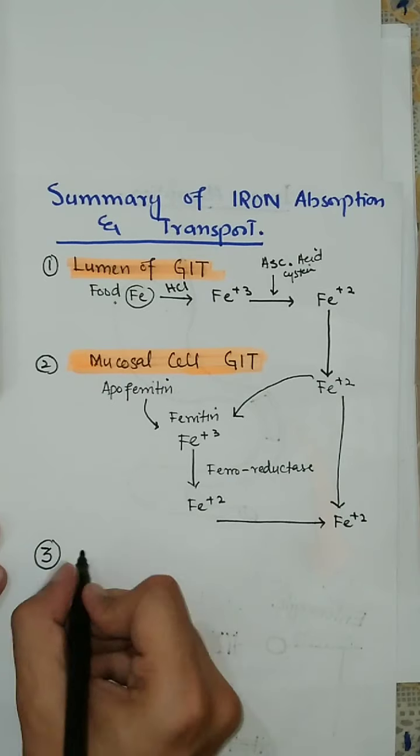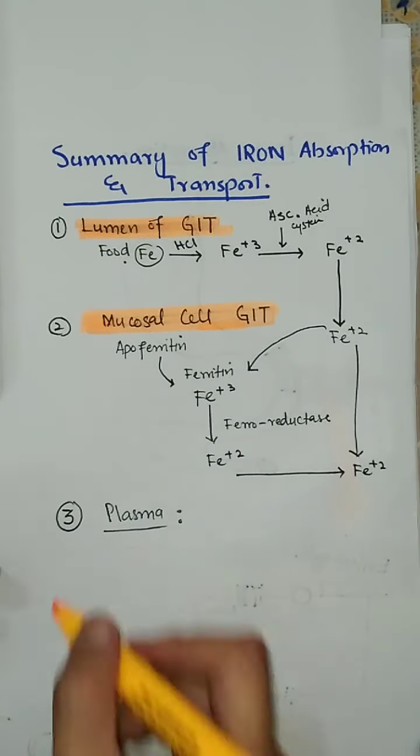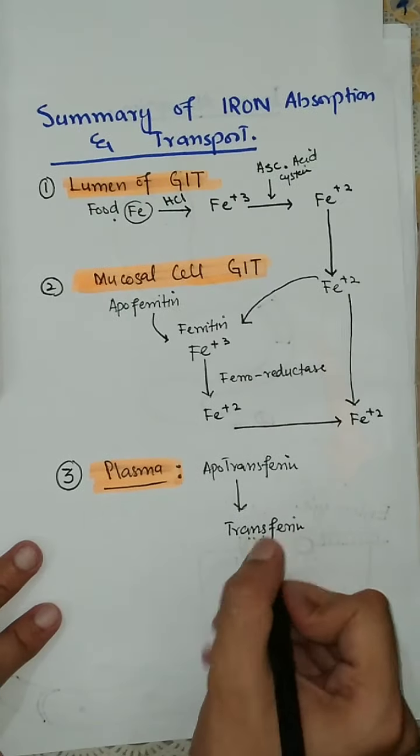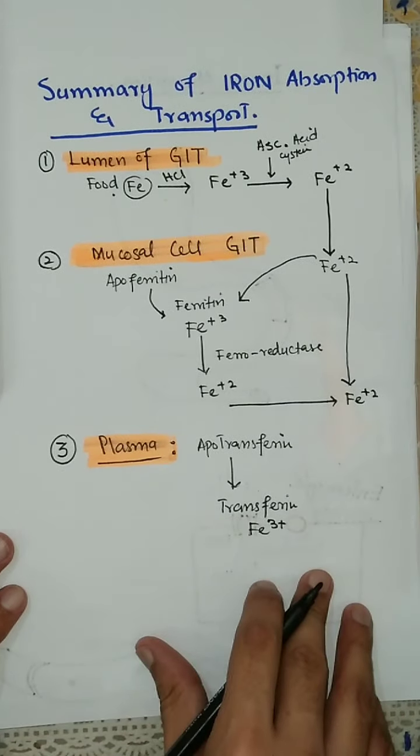The ferrous form is then transported to the plasma, and in the plasma it is transported with the help of transferrin. The free form of transferrin is called apotransferrin.